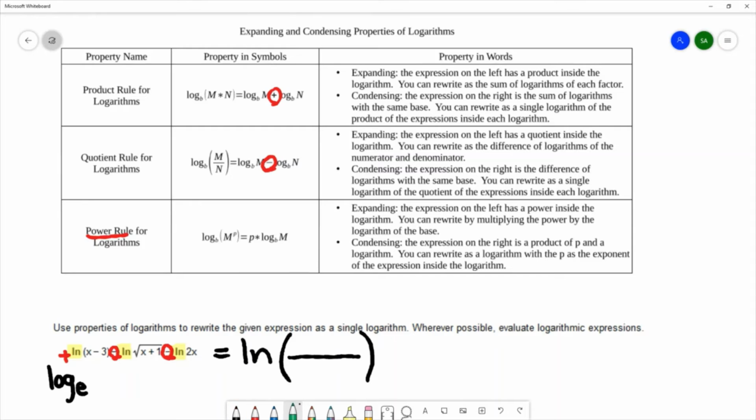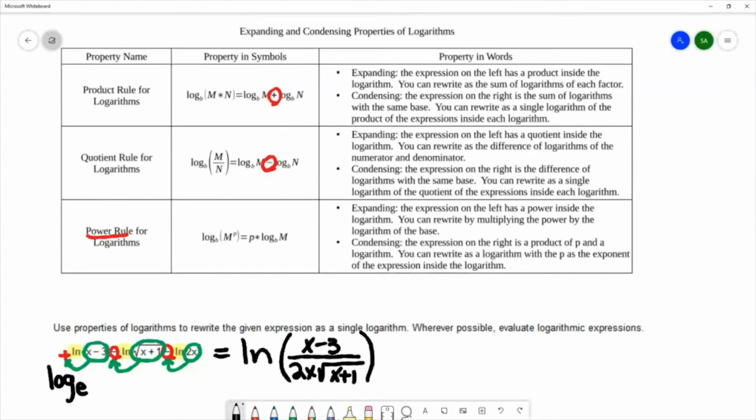This factor of 2x has a negative, so that factor of 2x will go in the denominator. This factor of square root of x plus 1 has a negative, so it will go into the denominator. And then finally, we have this factor of x minus 3, and it's on a positive log, so it will go into the numerator.